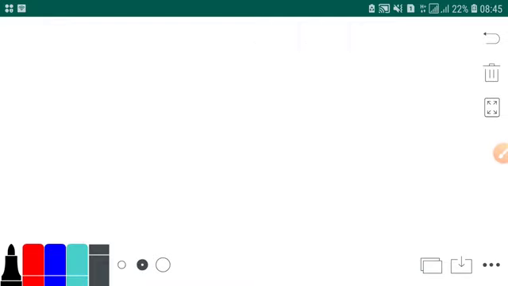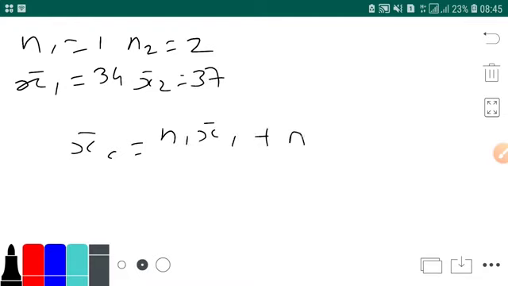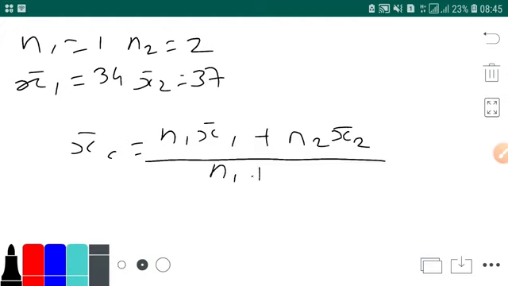Let's start. Take n1 as 1, n2 as 2. x bar 1 is 34, x bar 2 is 37. Let's take x bar c, it's n1 x bar 1 plus n2 x bar 2 upon n1 plus n2.